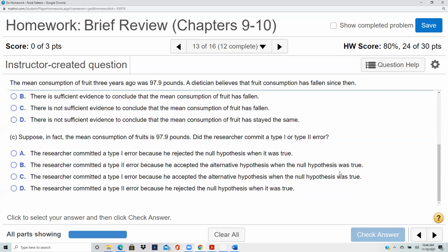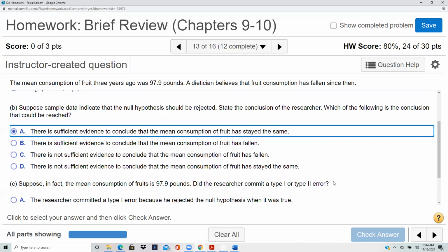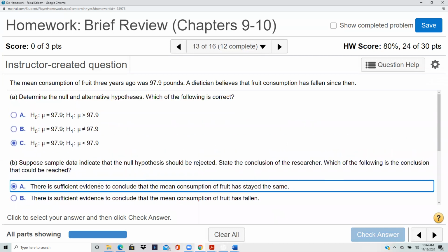Okay. Still more interpretation. So how was it rejected? They're telling us. Okay. We're not concluding anything here. They are just telling us the statements, and we just have to tell what they mean.